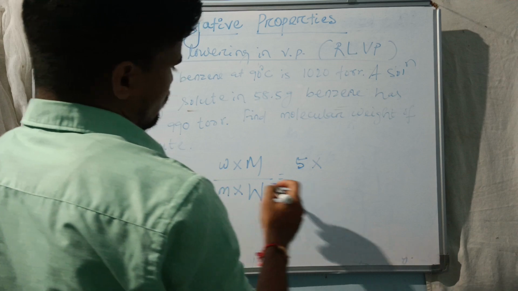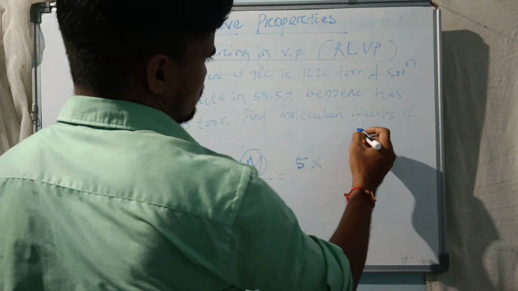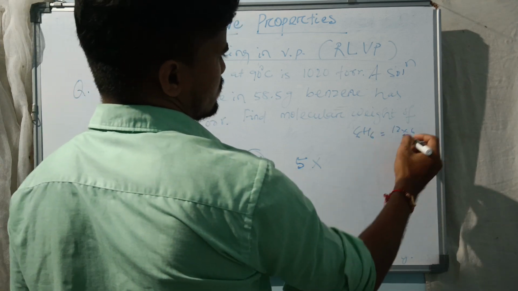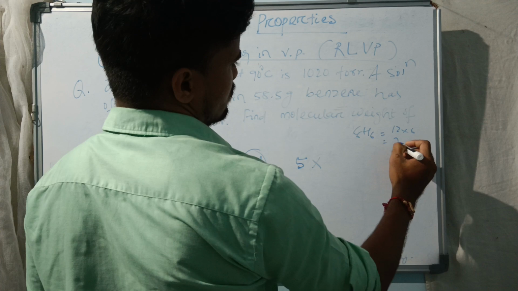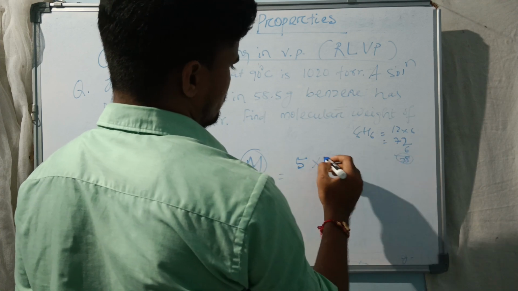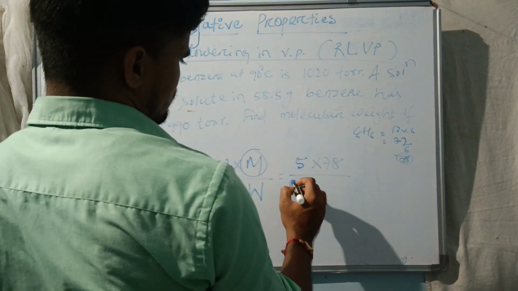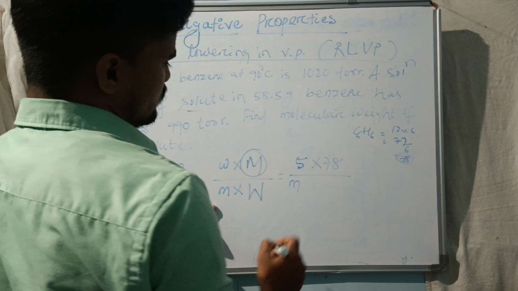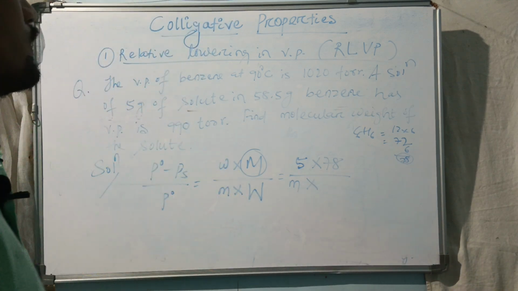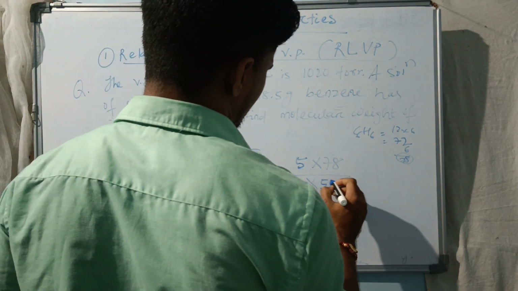So 5 into the molecular weight of benzene, C6H6, that is 12 into 6 plus 6, 72 plus 6, 78, upon m, the unknown molar mass asked in the question, into the weight of solvent, which is given as 58.5.